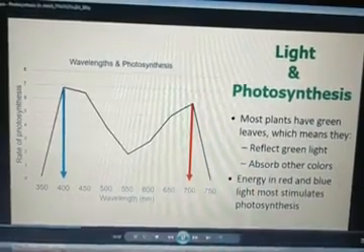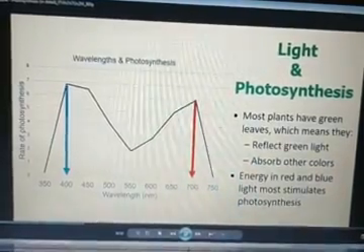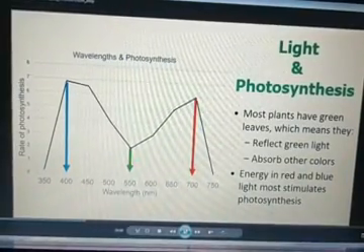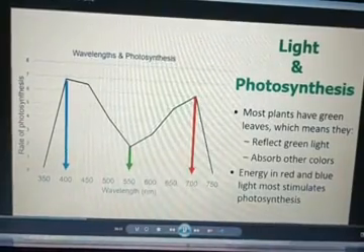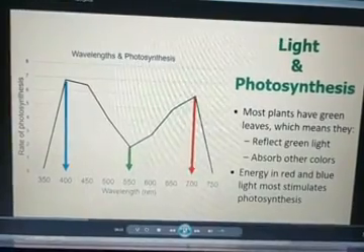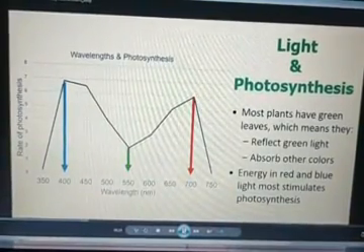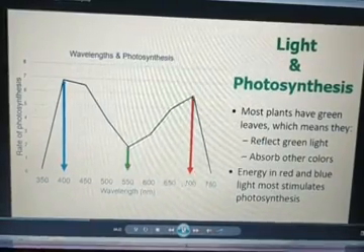So blue light and red light are most stimulating for photosynthesis. Ironically, the color green around 550 nanometers is reflected, and a much lesser quantity of it is absorbed. So that's why leaves appear green.